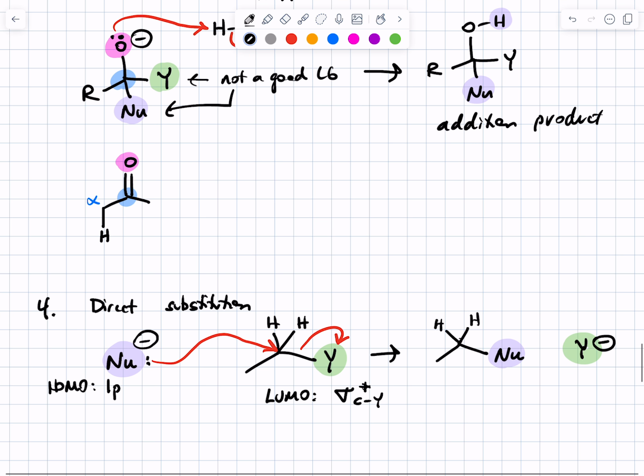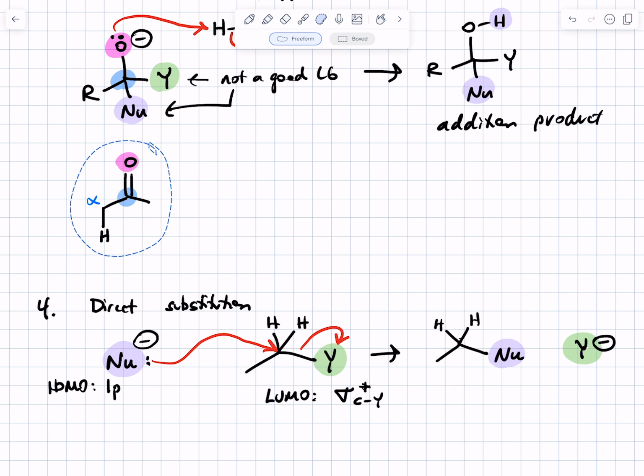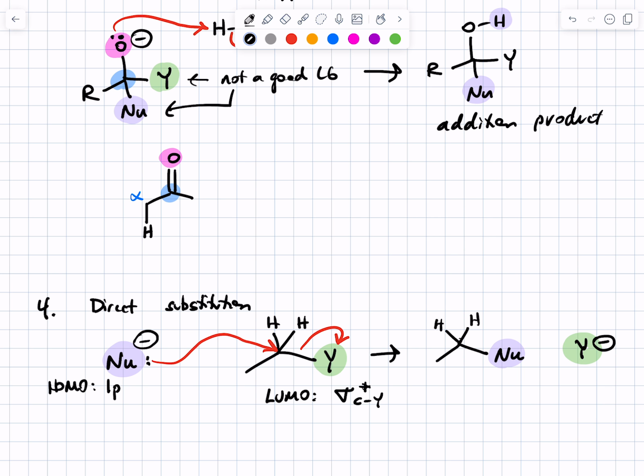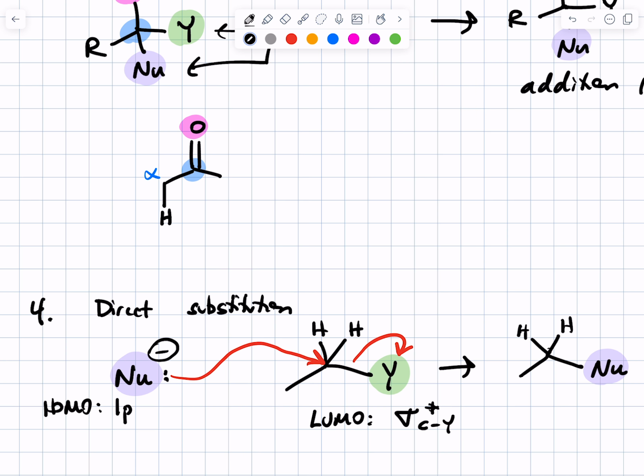It turns out that protons that are adjacent to carbonyl carbons are more acidic than those that are not adjacent to carbonyl carbons. In fact, the pKa for being adjacent to a ketone is around 20. And normally, if there weren't a ketone there, the pKa for an sp3 hybridized CH bond would be around 50.